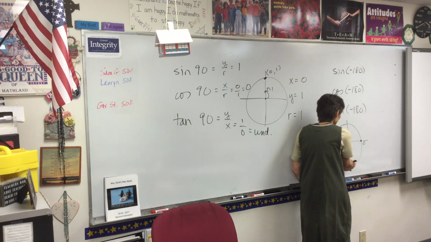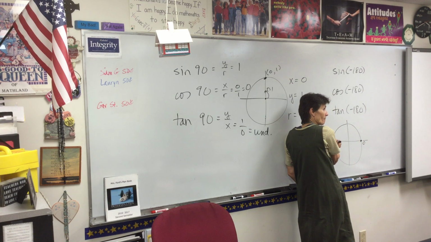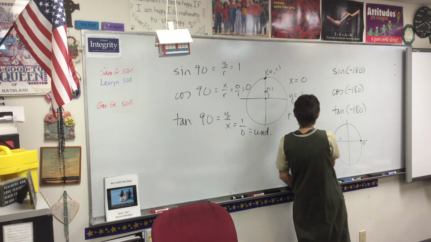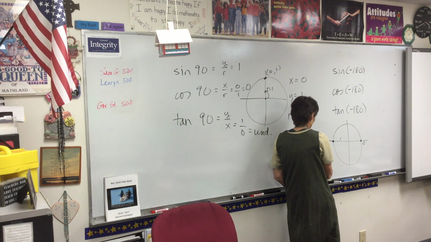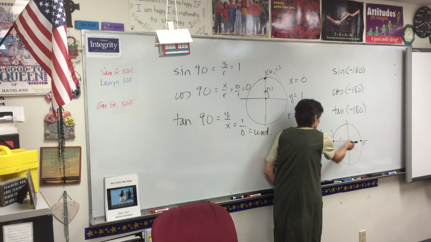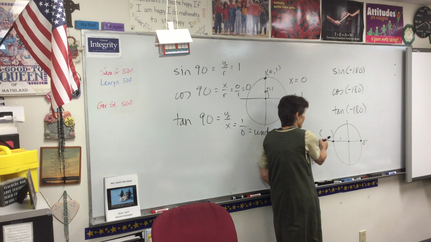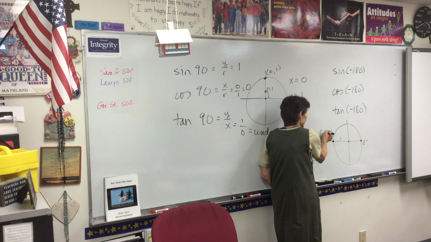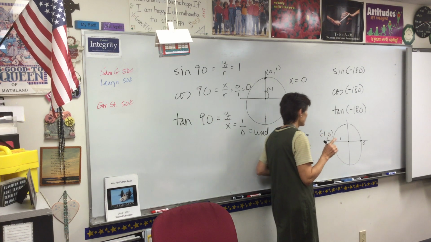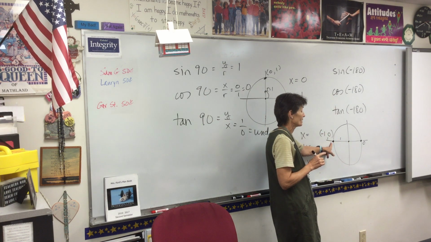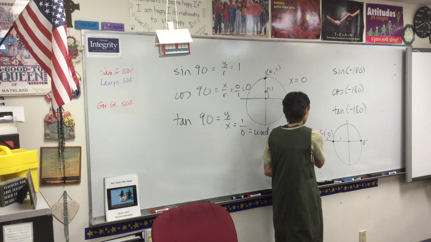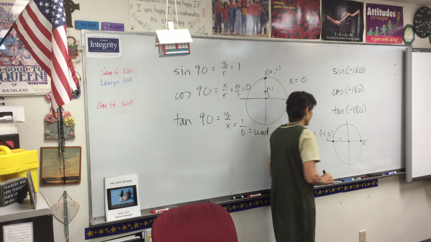So if I go negative 180, wouldn't I be right here? If I let my radius be 1 again, what would be the coordinates of this point? Here's the origin. Negative 1 comma 0. The radius of the circle is 1, so I'm taking 1 step to the left. So x is negative 1, y is 0, and r is 1.